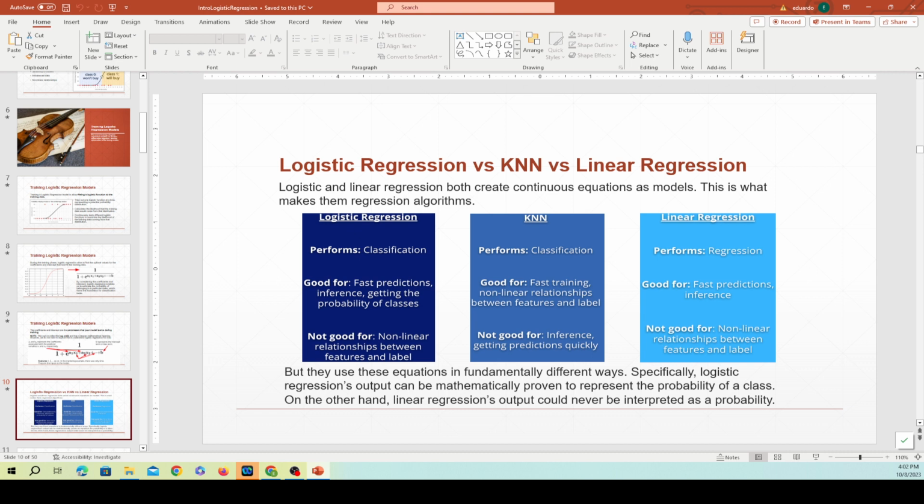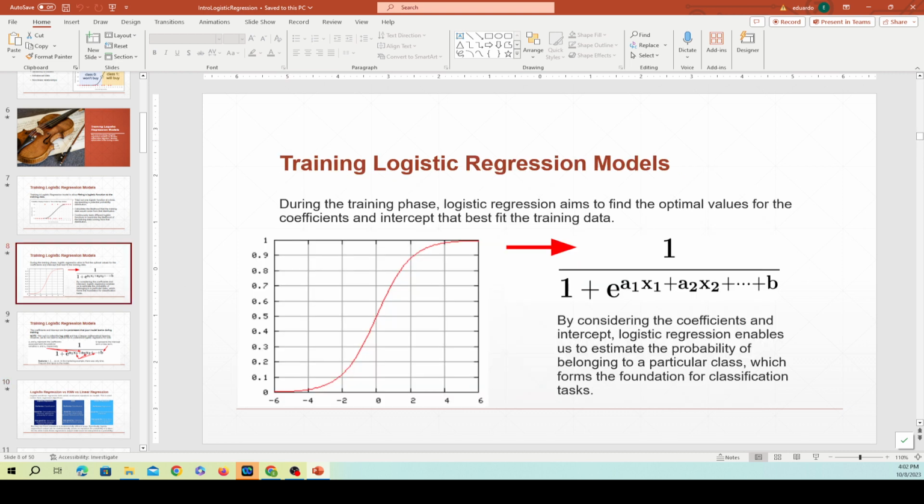Let me talk about that. If I were to draw a linear regression on this graph, it could look something like this.